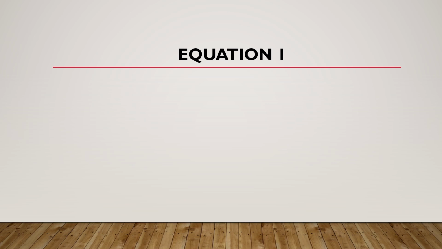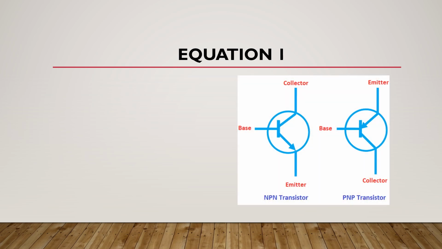Now we will understand some equations that we will be using for solving transistor circuits. Now look at this figure. We know that in this NPN transistor, current IE flows in this direction. This is the direction of current IB, and the current IC is flowing in this direction.